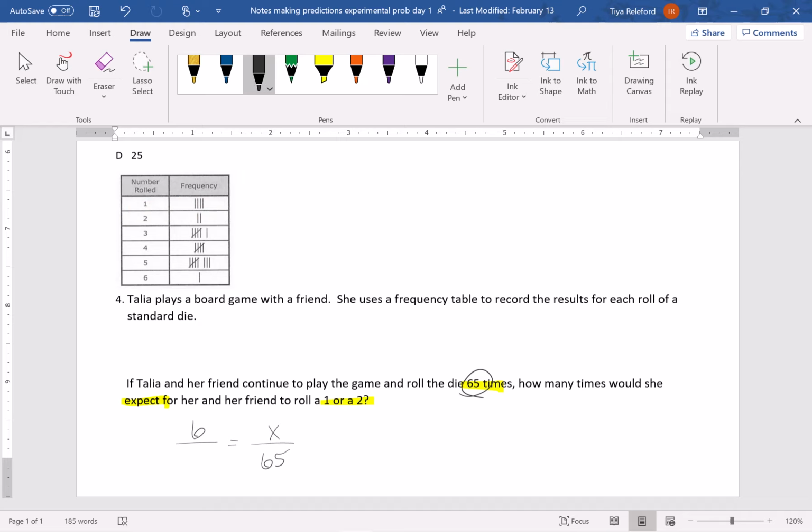Now, we don't know how many times they rolled to make the table. So you're going to have to do some work to find that out. Let's see, 10, 26.